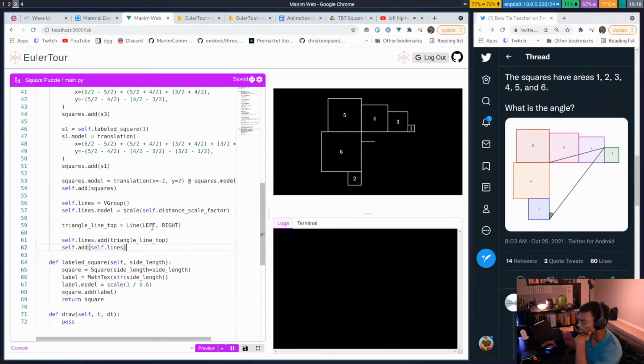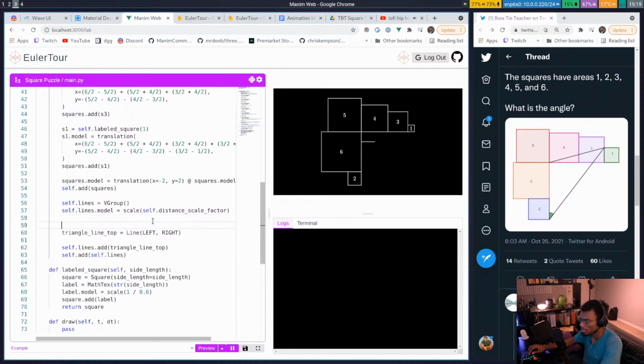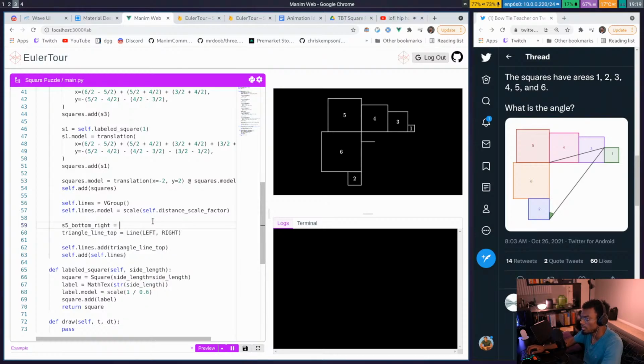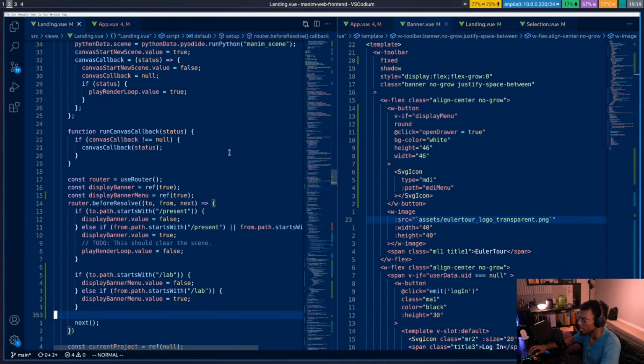Okay, now I should figure out how to get these endpoints. So S5 bottom right equals, I'll do origin for now. Here it'd be really useful to be able to get the translation of an object, which I might be able to do, possibly.